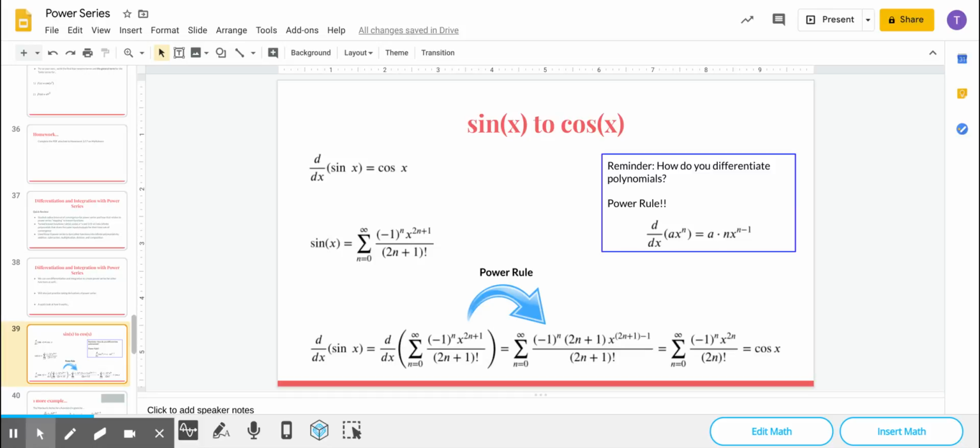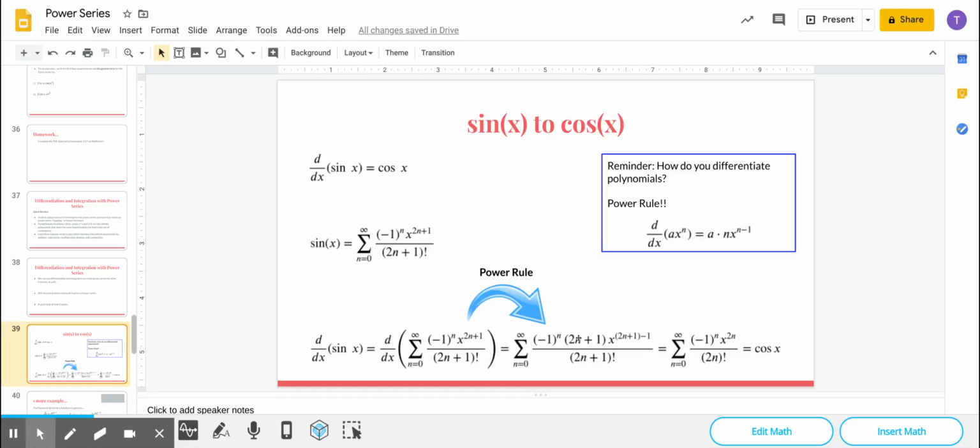So I just want to note a couple things. The first thing is that the exponent changes because I'm subtracting 1 from the 2n plus 1. So it just becomes 2n, which is good because that's cosine's power series. And then this 2n plus 1 gets simplified with the 2n plus 1 factorial. Remember, 2n plus 1 factorial really is 2n plus 1 times 2n times 2n minus 1 times 2n minus 2, so on and so forth.